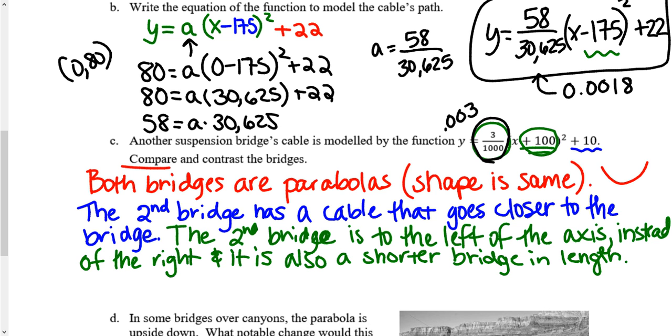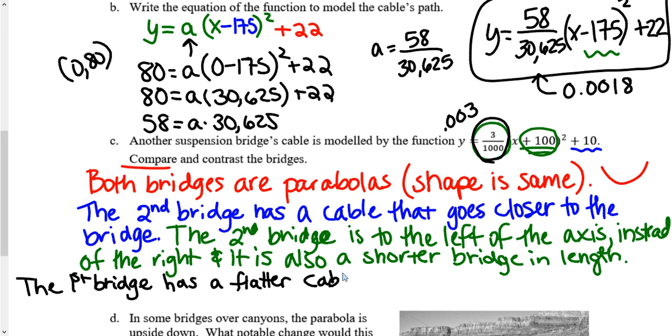So my first bridge, write that down, is going to be a less steep cable. I could say it has a flatter cable, because it was shrunk more.